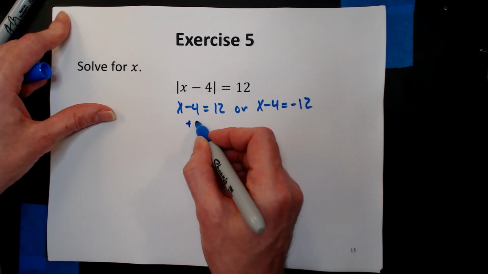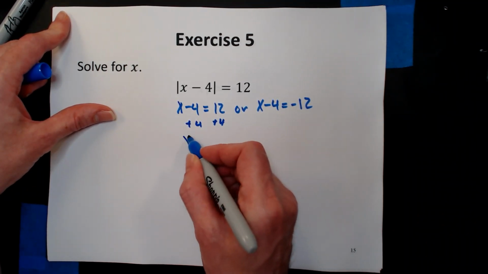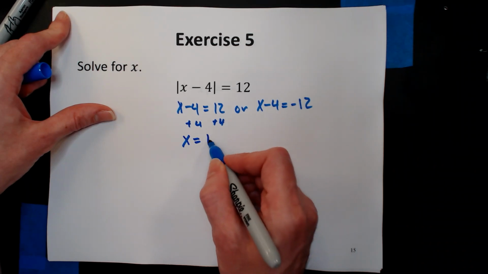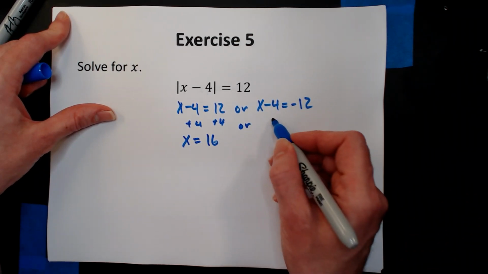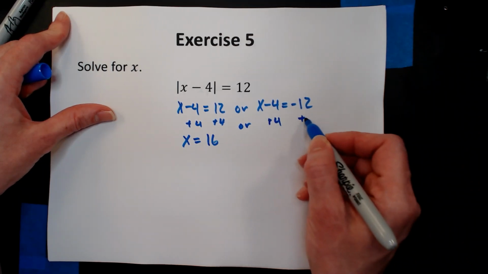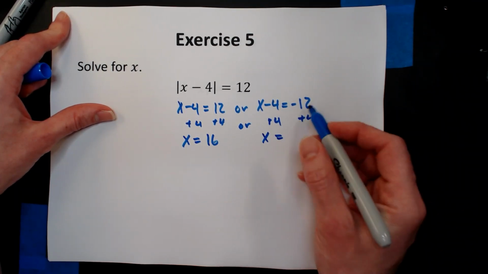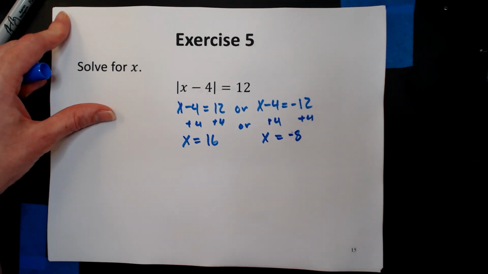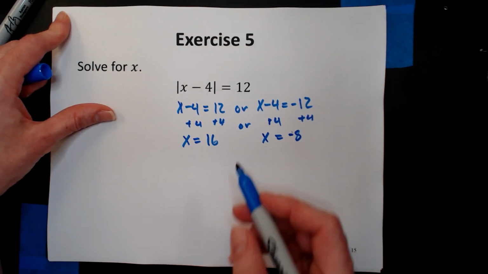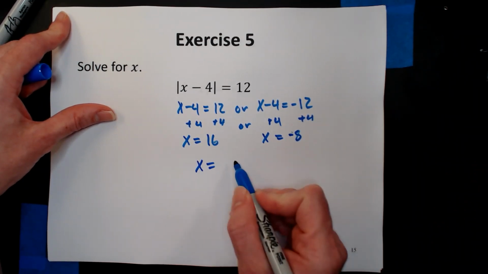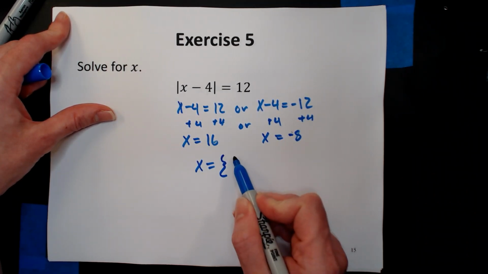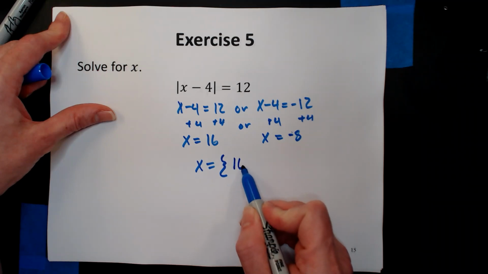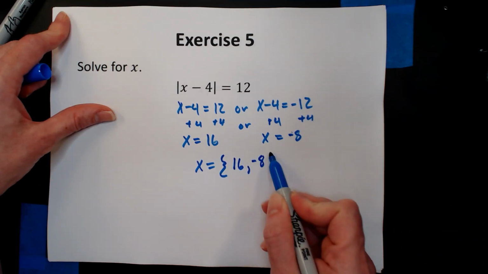I'm going to add 4 to both sides and get x equals 16, or I'm going to add 4 to both sides here and get x equals negative 8. So if we were to solve for x, we'd say x equals, and once again, Hawks will probably already have the curly braces for you there, and it doesn't matter what order you put these numbers in when you're putting them in as a solution set.